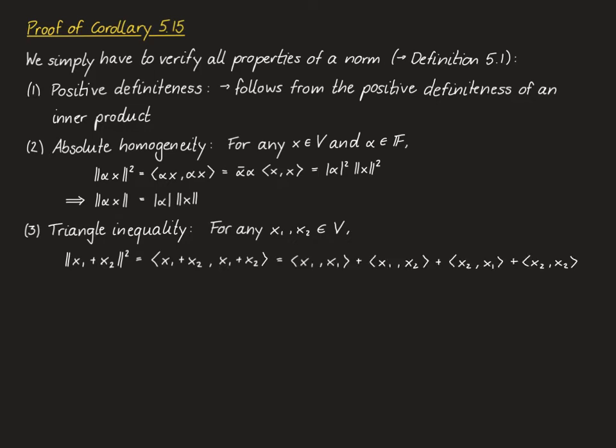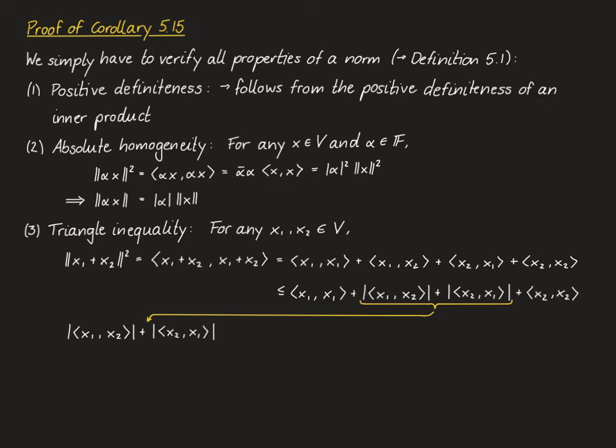This expression can now be expanded by using linearity in the second argument and conjugate linearity in the first argument. And what we get are these four terms. The sum of these four terms is certainly less than or equal to when we take the absolute value of the second and the third term.